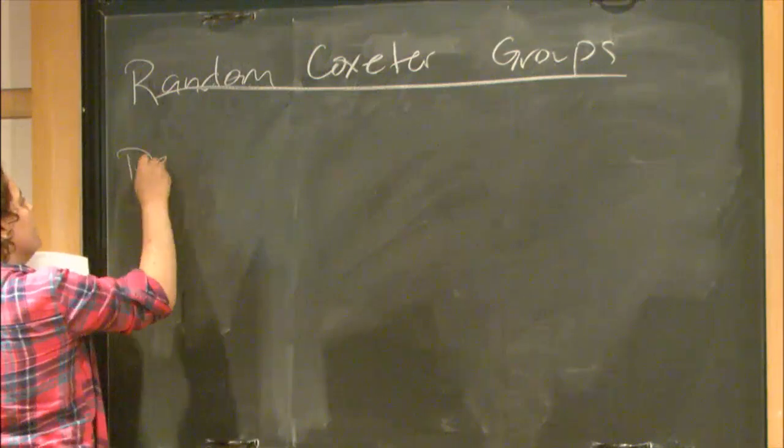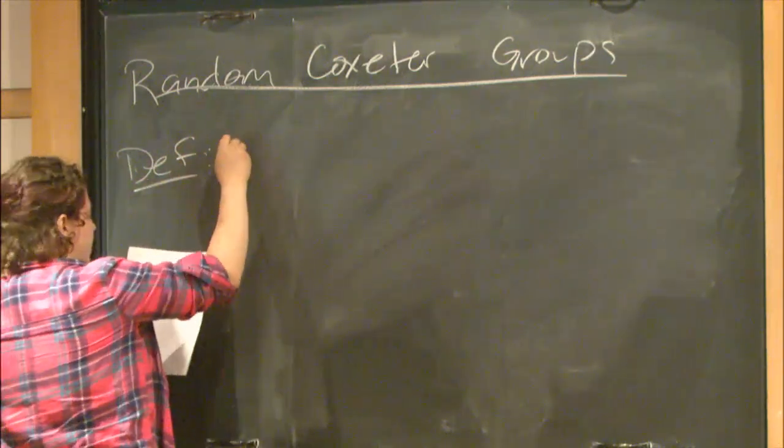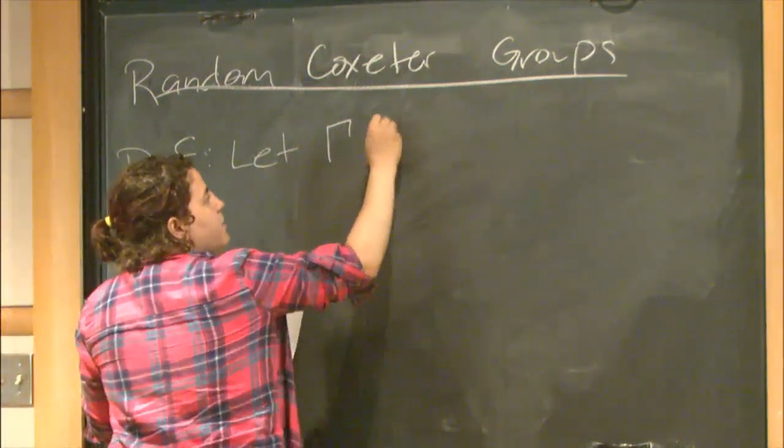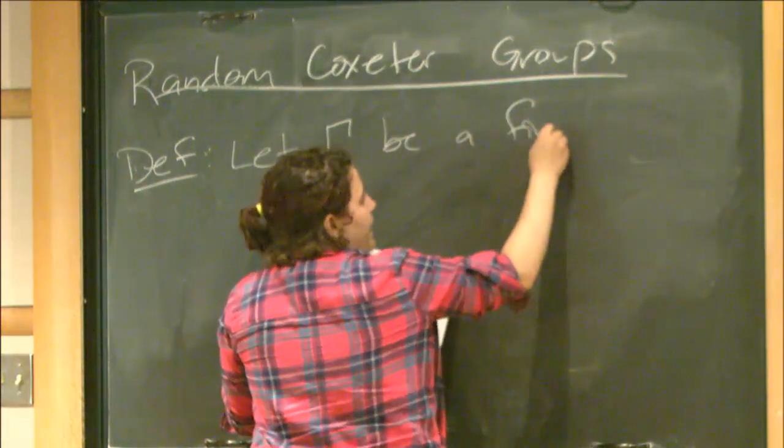So definition: I'm going to let gamma be a finite graph.